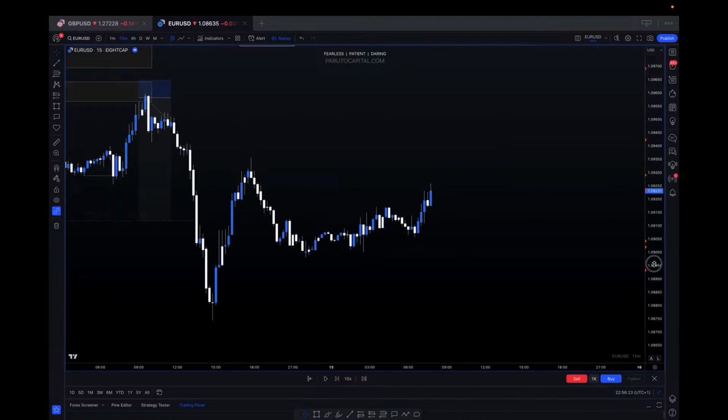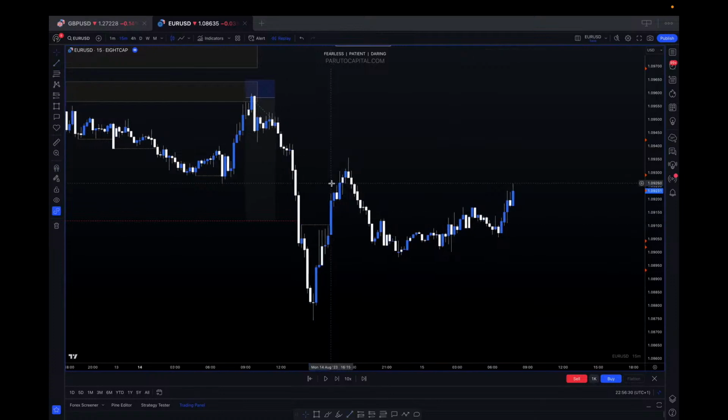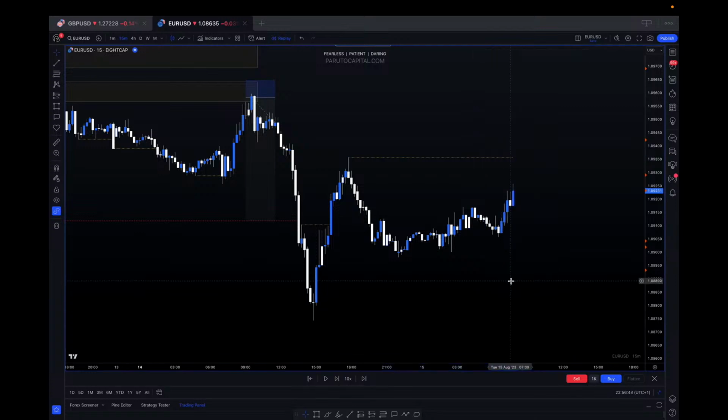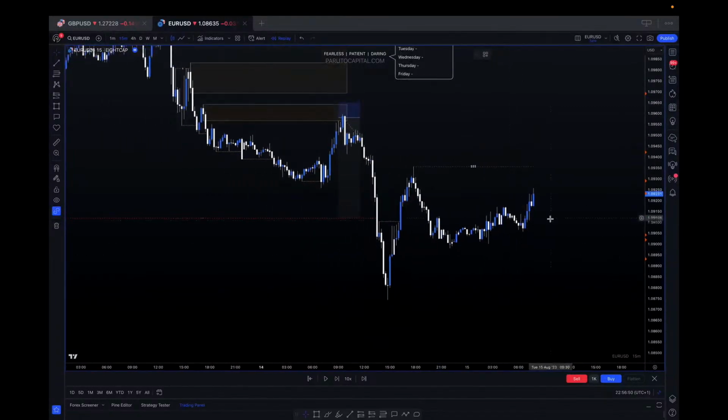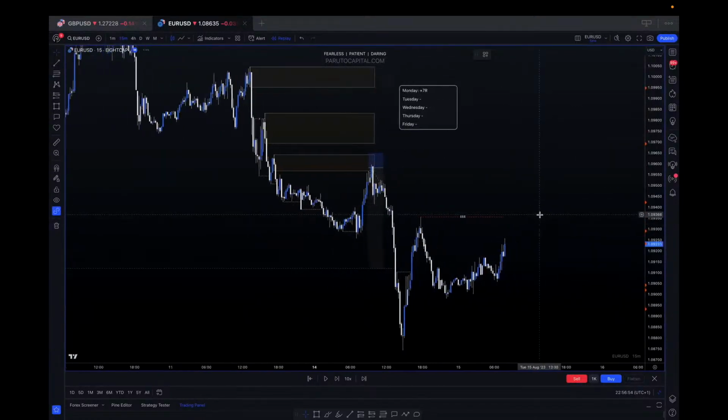So let's see if we get that structure on the 15 minutes. Here on the 15 minutes, clearly we have this choch, and then you can see here we have this high. After the choch, we registered that high, price has pulled back. Now if the pullback is going to continue, then we should have a setup that allows us to trade into taking out this high essentially.